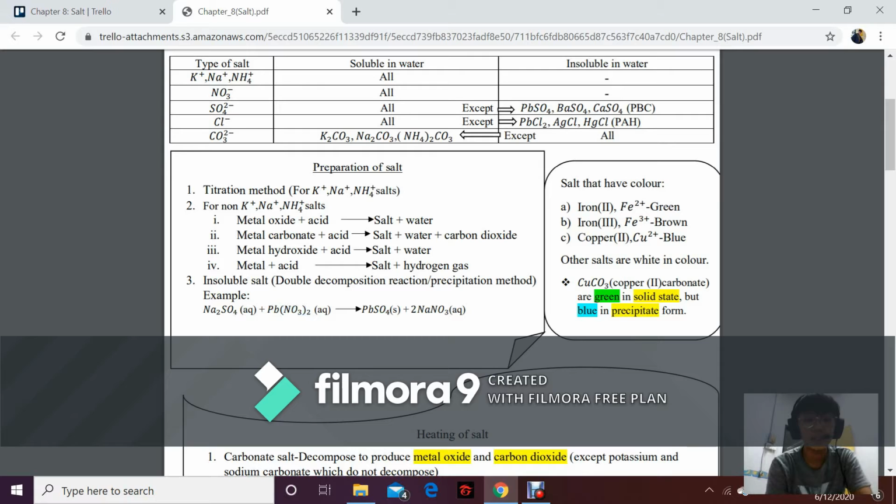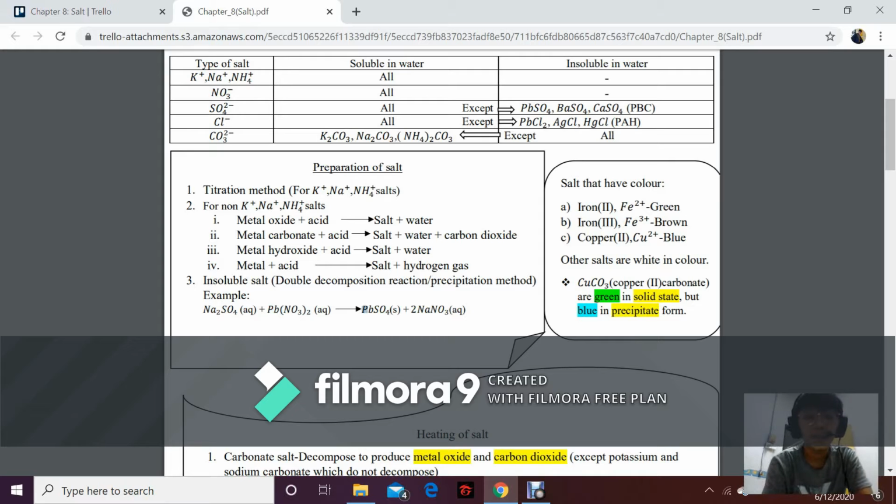So this is the soluble salt. And Na2SO4, this is also soluble salt. So these two salts are soluble. Remember the double decomposition reaction, you need to have two soluble salt. First soluble, but after that, you will produce one soluble and another one is insoluble.